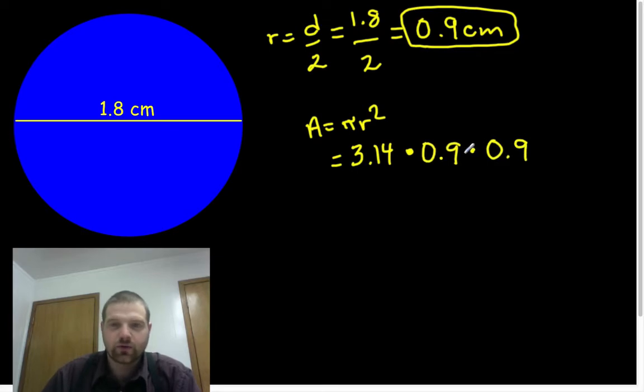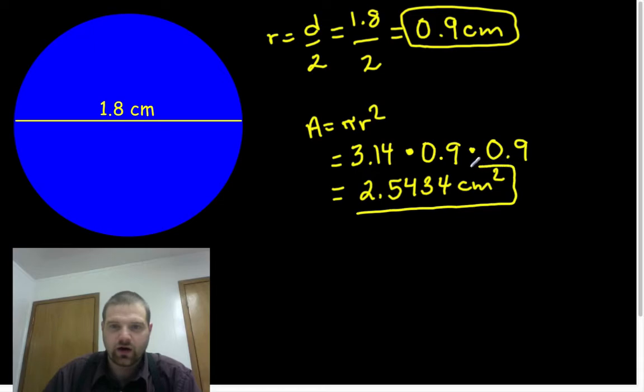Again, this dot is just a different way of showing multiplication, and we end up with an area of 2.5434 centimeters squared. So here we have our area for this circle.